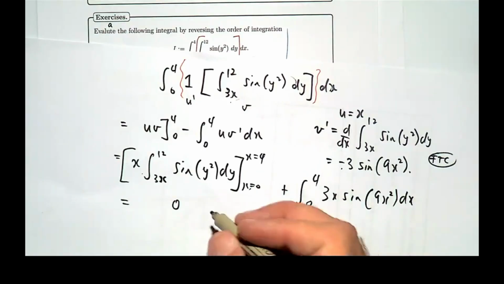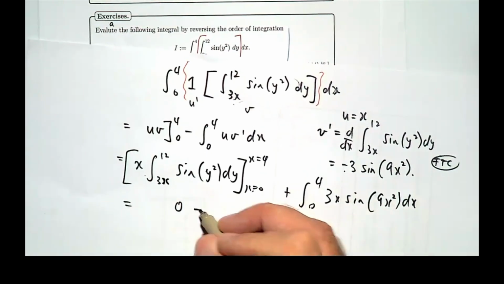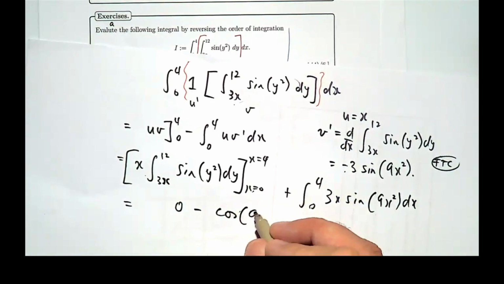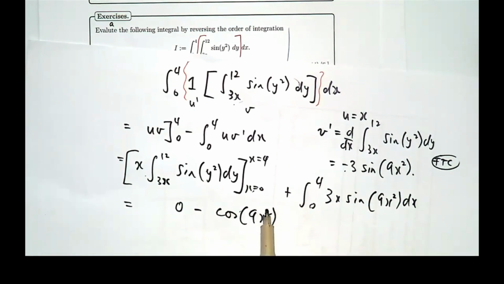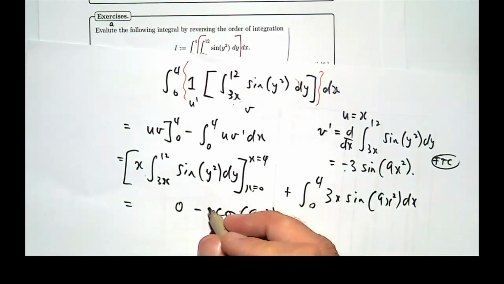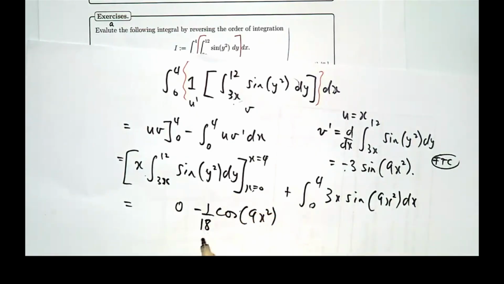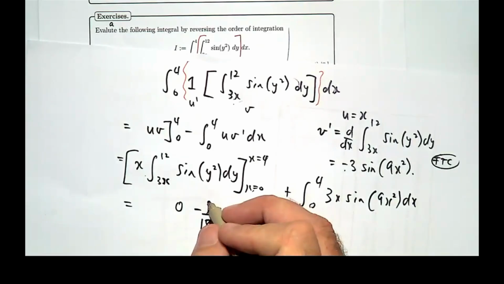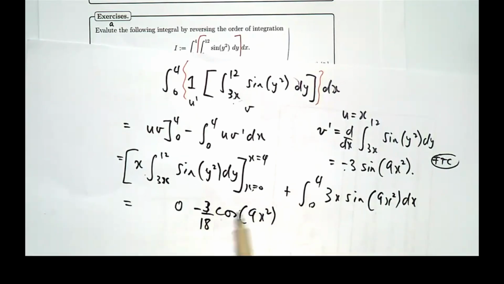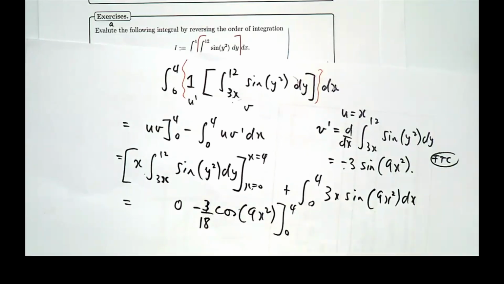Okay? So sine will go to negative cos. If I differentiate this, I'll get 18x at the front. I don't want that. I want 3x. So I'm going to divide by 18. Okay? Then that gives me negative 1 on 6. Okay? So I'll just put in 4 and 0.